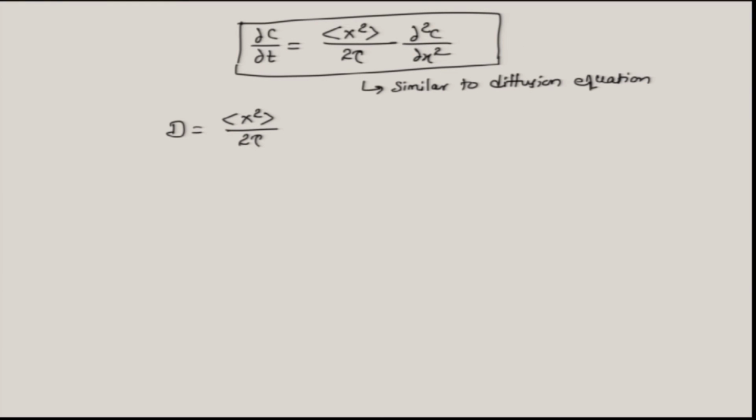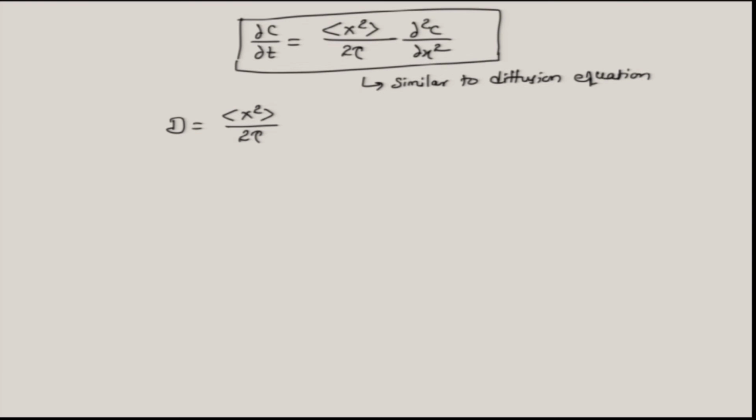For a true random walk problem and for an isotropic cubic lattice, the distribution is spreading isotropically, right, and we can write average of x square equal to average of y square equal to average of z square.